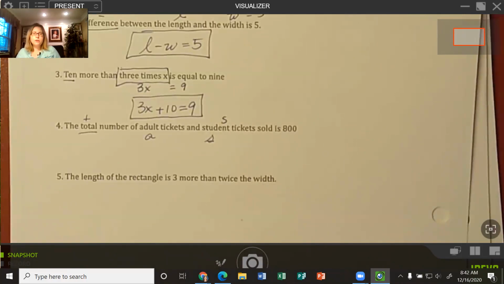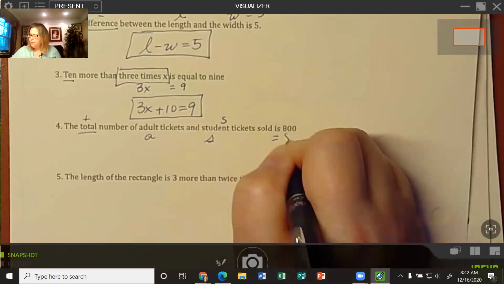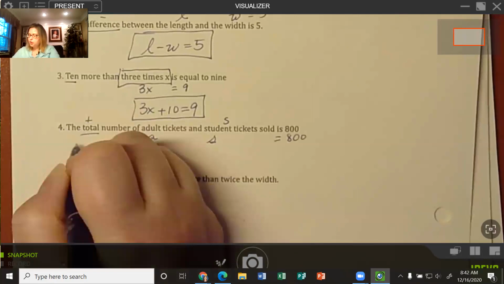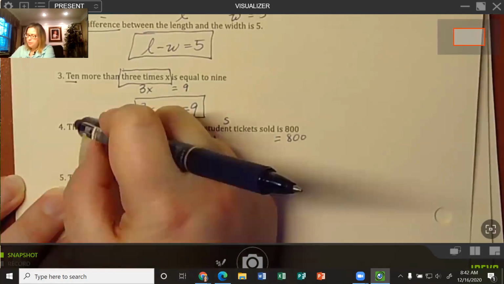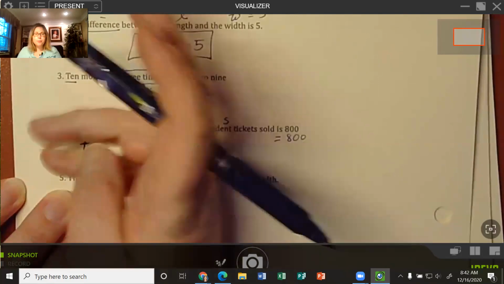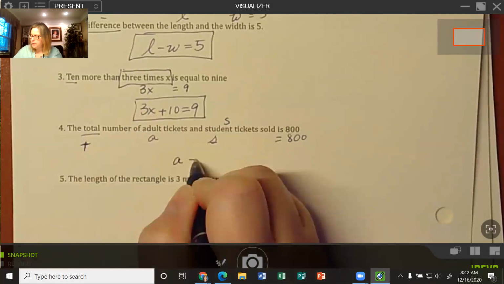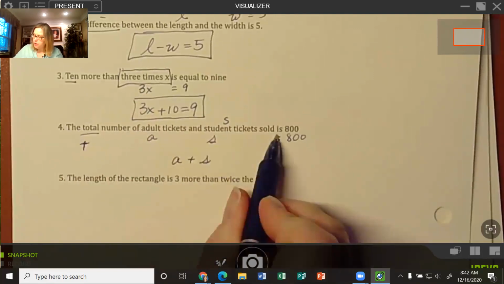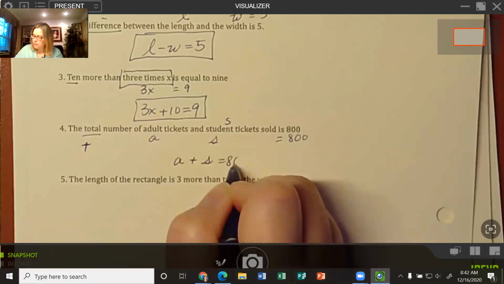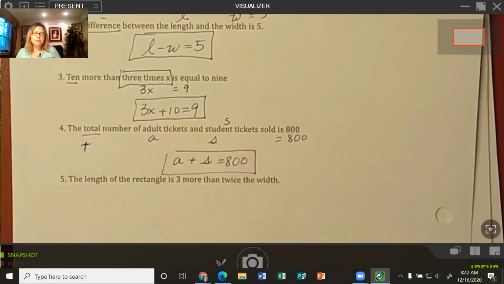So the total number of adult tickets and student tickets sold is, remember, is means equals 800. So here we have addition. I'll write these below so they're not in problem number 3. So adult tickets plus student tickets is the total of 800 tickets sold. All right, so adult tickets plus student tickets equals 800.